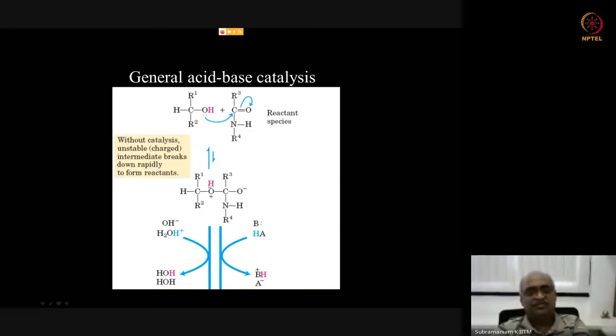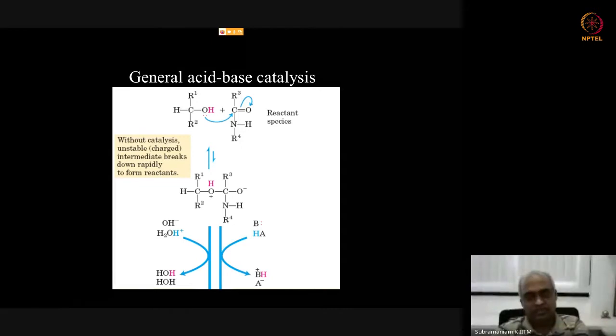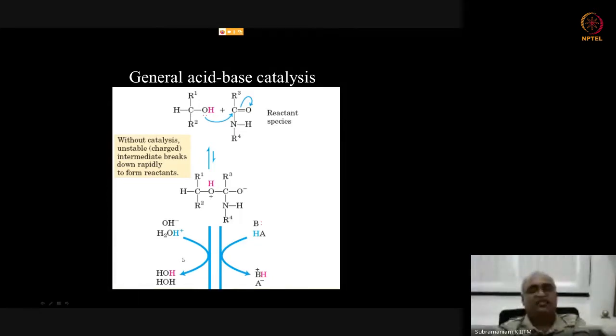So in this example, without catalysis, the unstable charged intermediate breaks down into the reactants. But on the other hand, if the proton can transfer to water fast enough, then the reaction can go forward with water acting as the proton acceptor. I'm ignoring temporarily for simplicity the proton donor part. I'm only talking about the acceptor part. So water itself will do it. And when water does that, you call that specific acid-base catalysis because it is specific to water doing the activity.